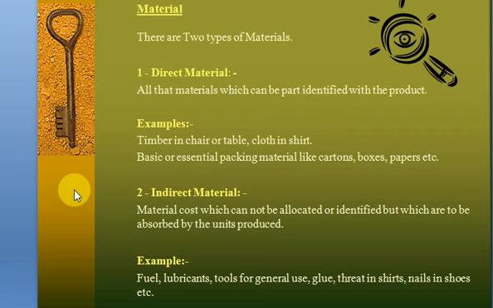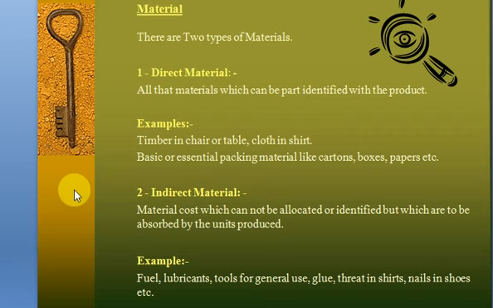Second one, indirect materials. Indirect material is material which can't be allocated or identified, but which is absorbed by the units produced. Or we can say all materials used for ancillary purposes in the product, which cannot be conveniently assigned to specific physical units, are termed indirect materials.